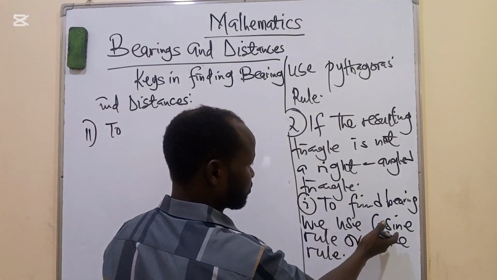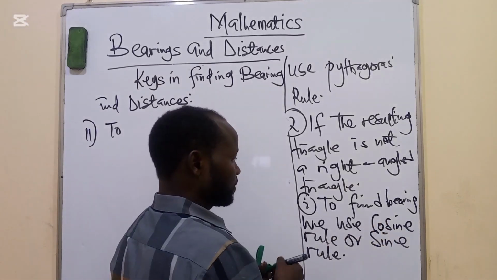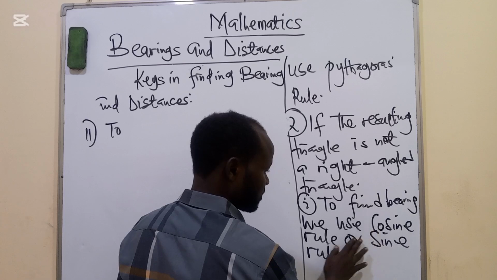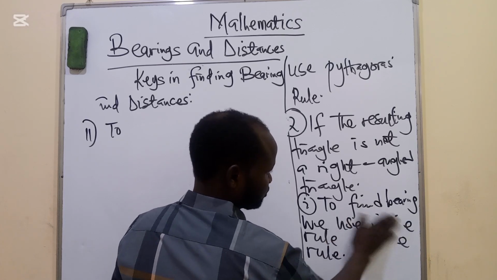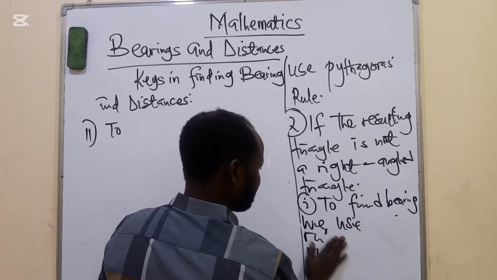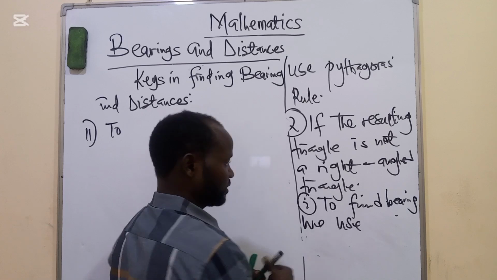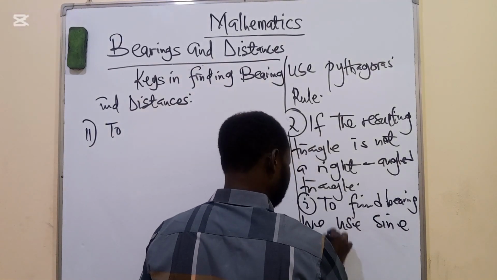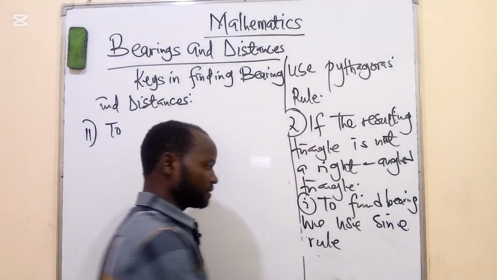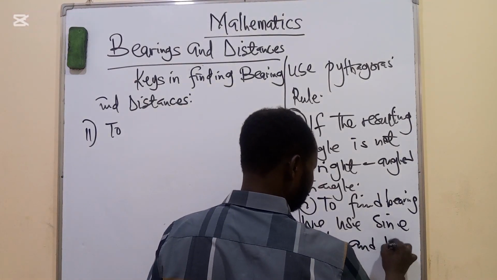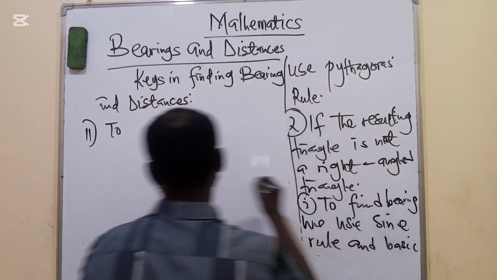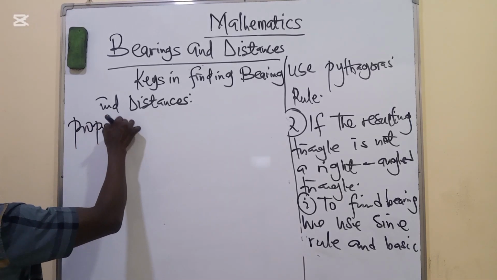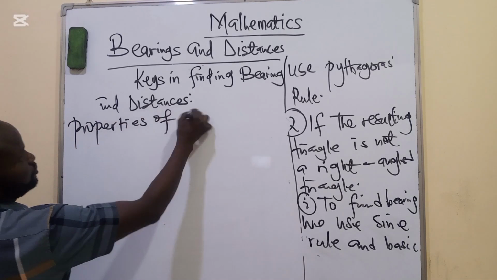Okay, to find bearing, let me say, we use sine rule. Sorry, to find bearing, we use sine rule and basic properties of angles.